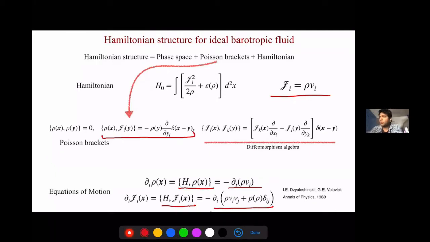If you start from this Hamiltonian and run these brackets on the Hamilton equations, then you will get the right equations of motion. This was first done by Zilinski and Wolowick in this paper, where they were studying fluids in the context of condensed matter systems like superfluid helium, when they constructed the Hamiltonian structure of these ideal fluids.